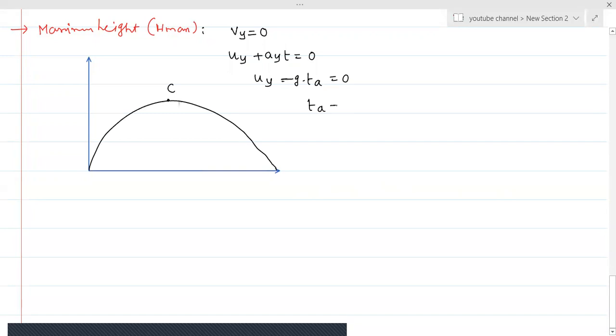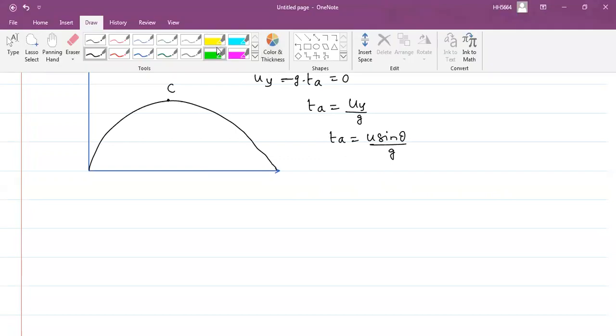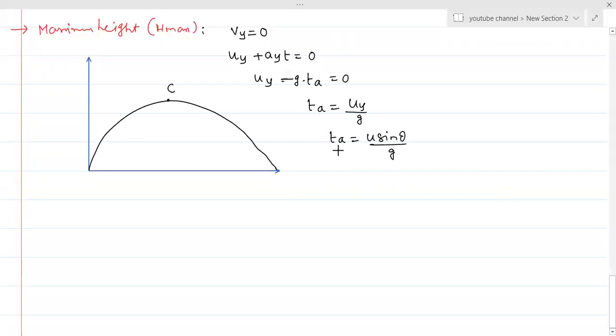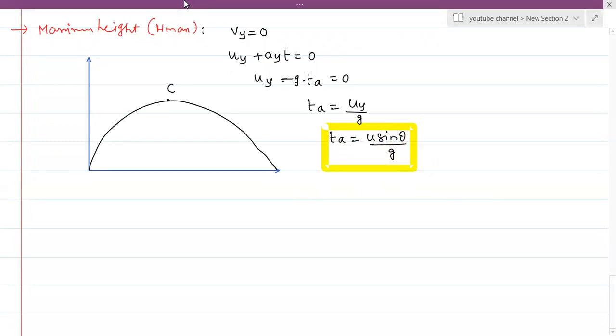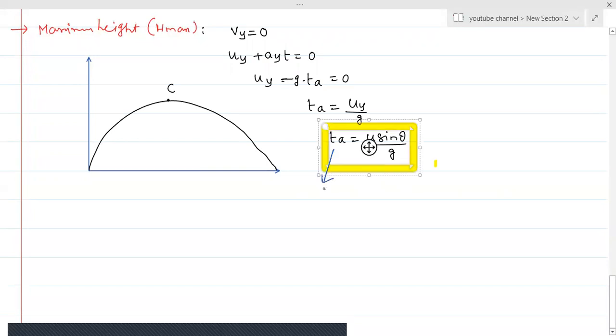So time of ascent is equivalent to uy by g, or ta equivalent to u sin theta by g. This is one of the formulas we need to remember. So ta is nothing but the time of ascent.